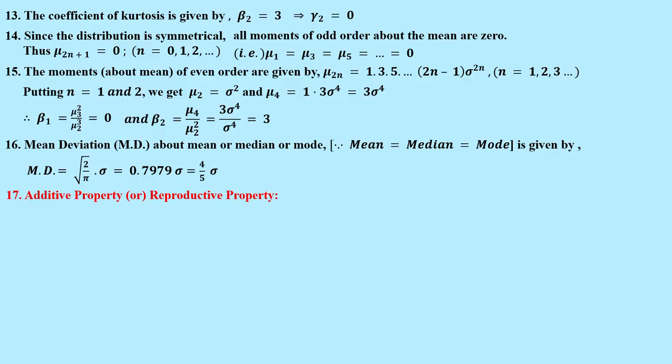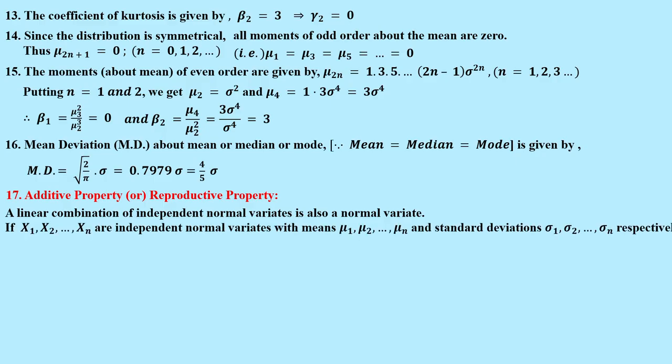Additive property or reproductive property of normal distribution. A linear combination of independent normal variates is also a normal variate.